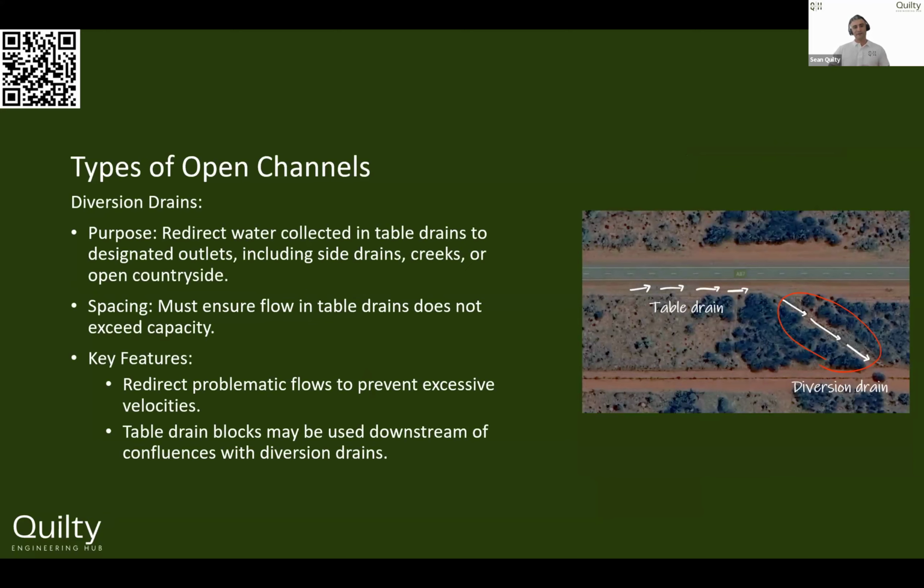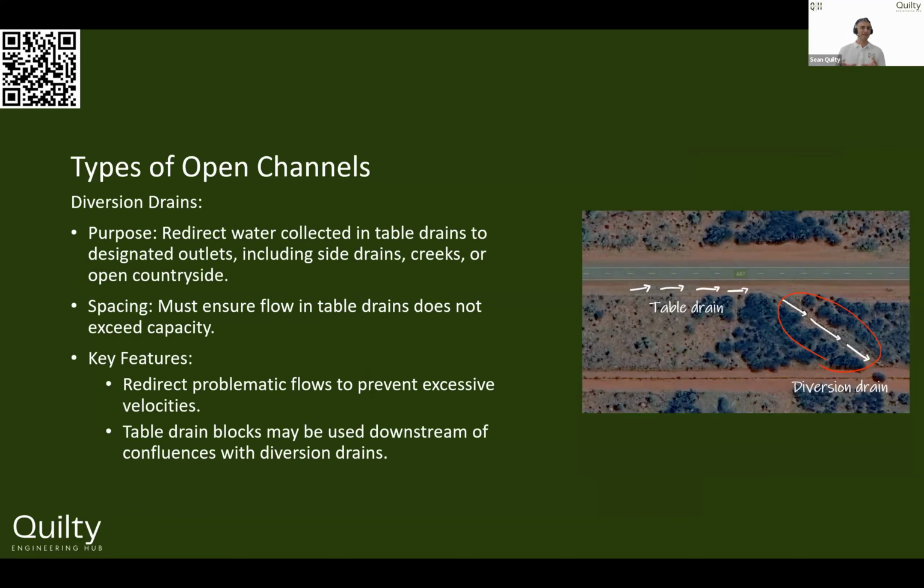The next one is a diversion drain. And so this typically is where we want to redirect or divert, as the name suggests. We want to divert that water that's collected, say, from our table drains to a designated outlet, or it might be to divert that into a much larger drainage system. So in this example here, we've got a highway and we have our table drains that'll be on the side of the road. And then we would have these offshoots or diversion drains.